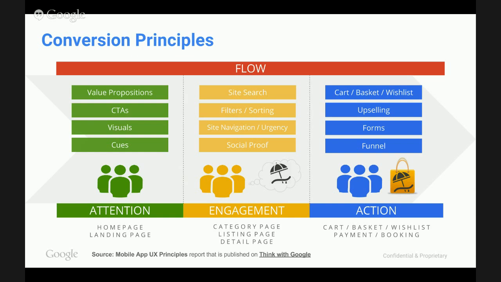To briefly talk about engagement, that's where your user knows what your app is about and is now deciding whether he or she is interested in the content or the value propositions that you have. So make sure that you have all this sorted out: search, filters, navigation. There are a lot of things to take care of, but each step of the funnel is very important.